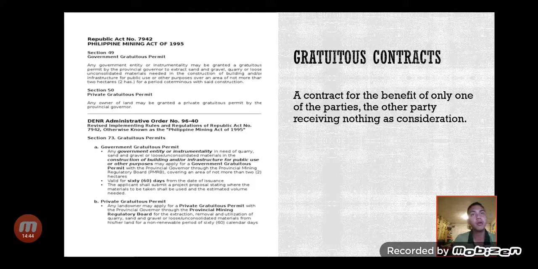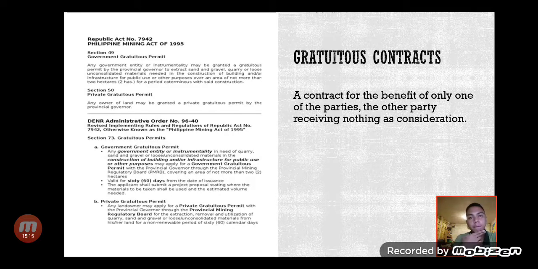So it is easily understood that this simply means that a gratuitous contract, from the word itself, gratuitous or gratitude, is a form of rendering gratitude, meaning there are no exchanges of goods or services made. Only one party will benefit from the other.